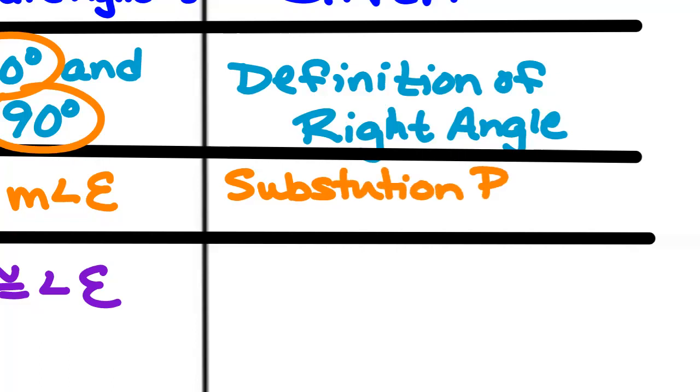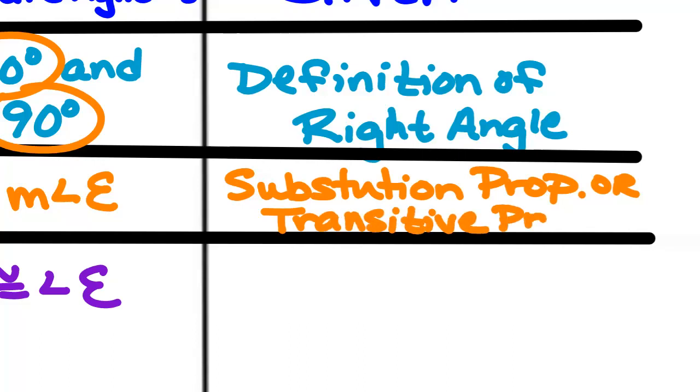So the substitution property, or what else could you use in this circumstance? Transitive. So substitution property or the transitive property could be used here.